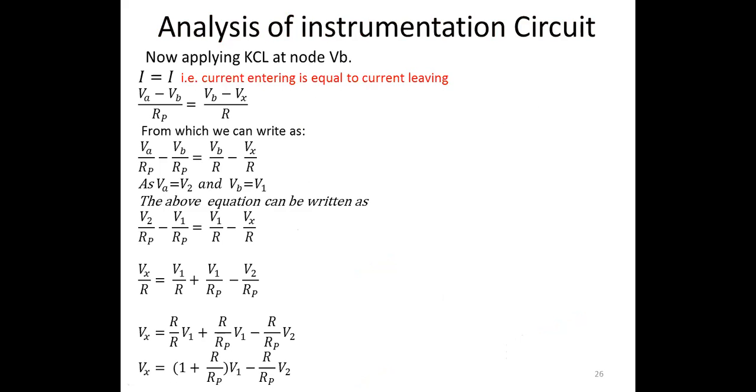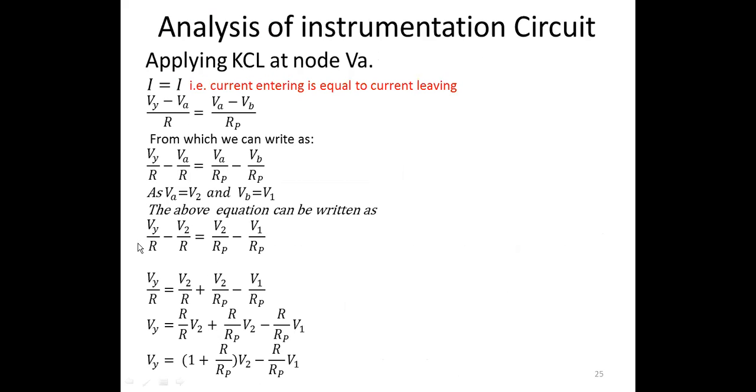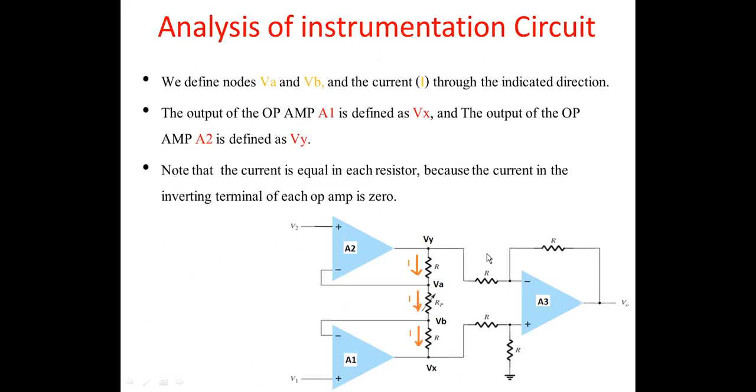Similarly, for the bottom op-amp, you can again come up with this relationship, similar type of relationship for Vx that is defined by this given one. Okay. So with the Vx and Vy as the input of the third op-amp, this third op-amp has inputs Vy and Vx.